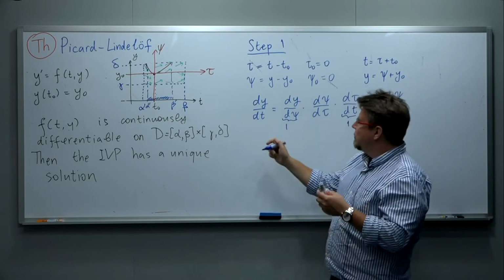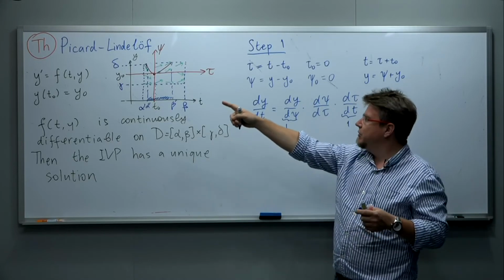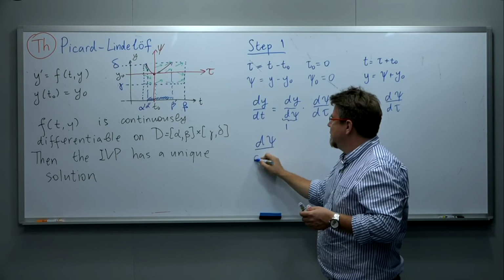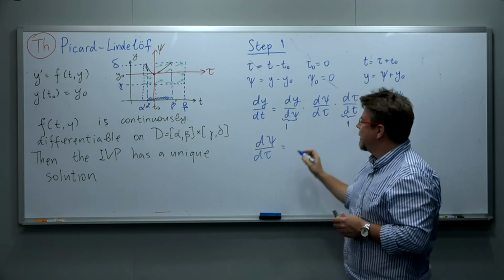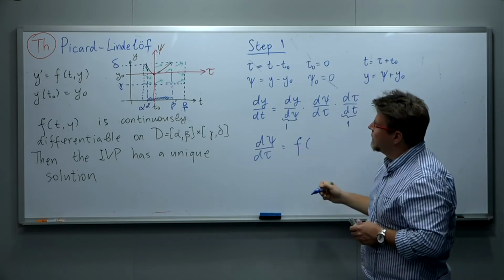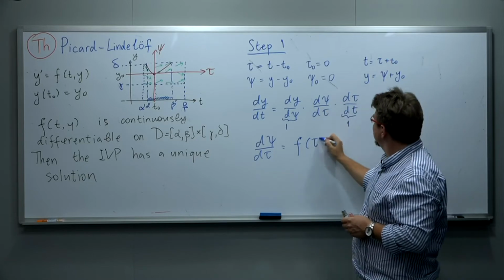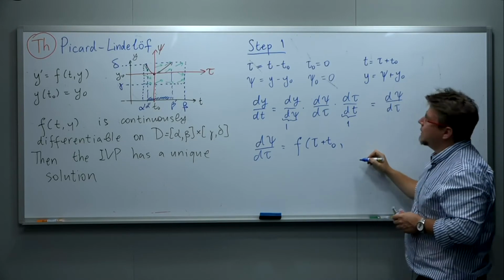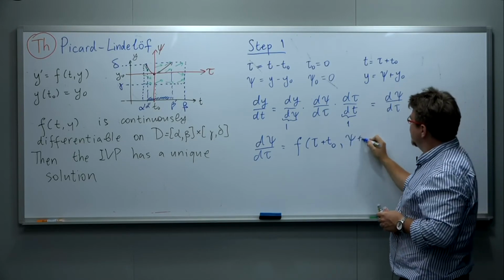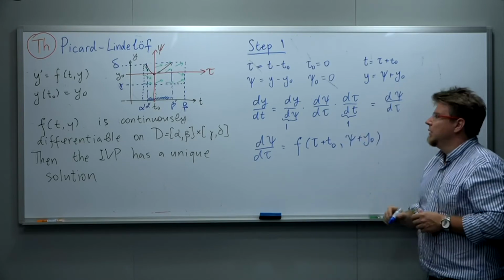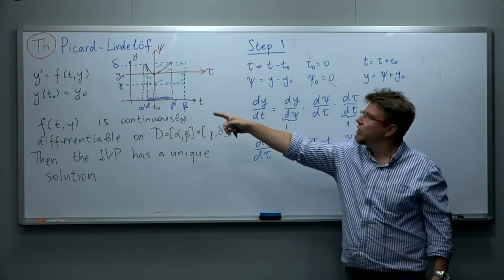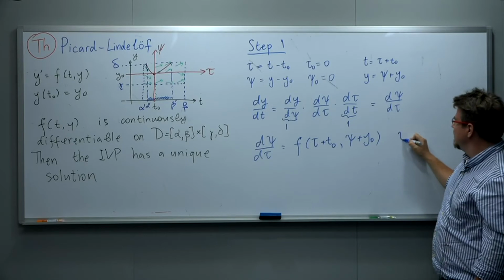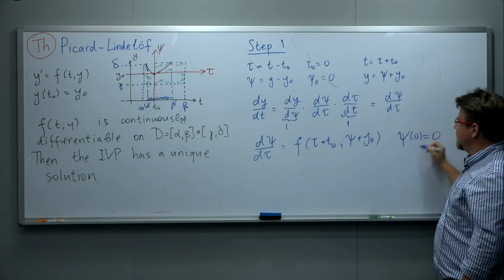So which means our differential equation, the left hand side is dy dt, it becomes d psi d tau, and the right hand side is f of, well, t is tau plus t0, and y is psi plus y0. And the initial condition, as I said here, is changed to psi of 0 is 0.